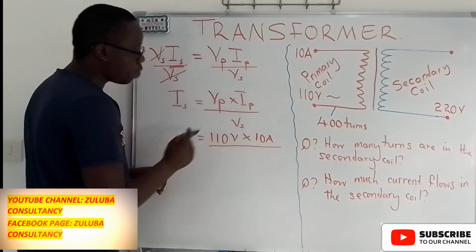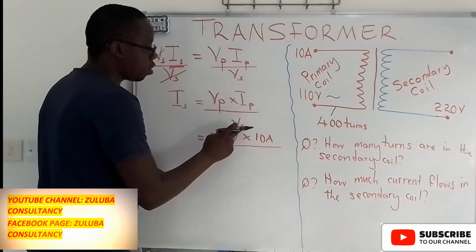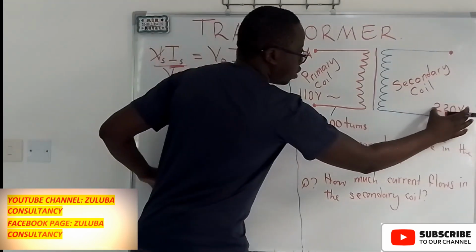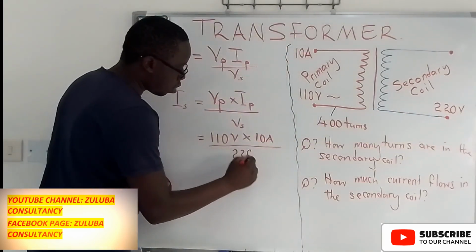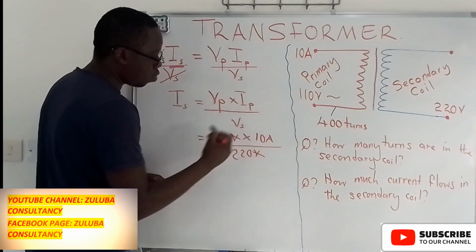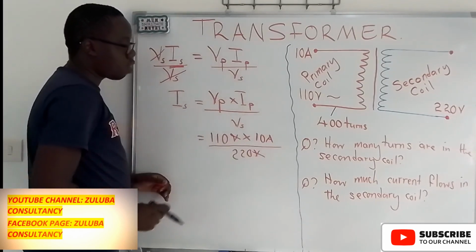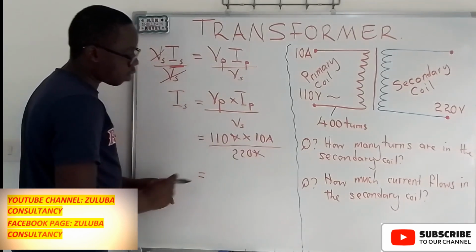Then divide by the voltage in the secondary, which is 220 volts. You will notice this V and this V will go, and we will remain with A as the unit for the answer.